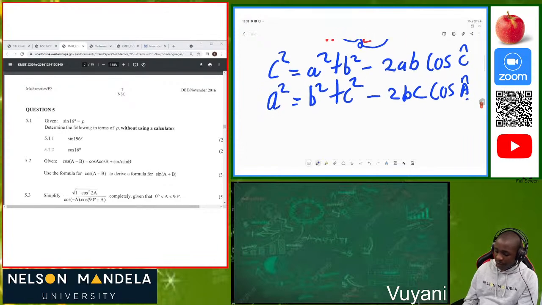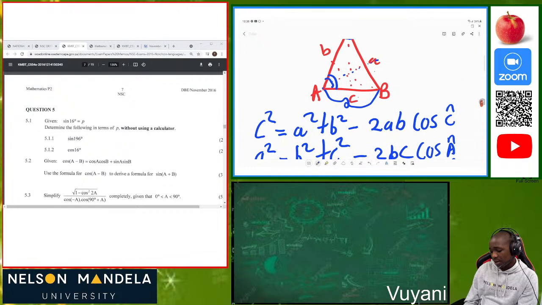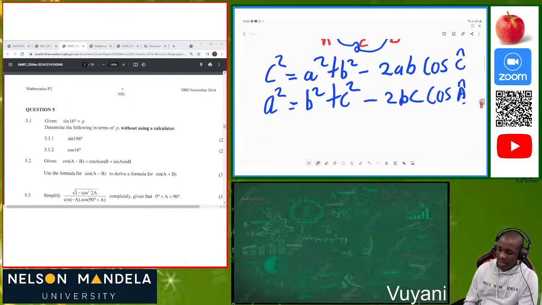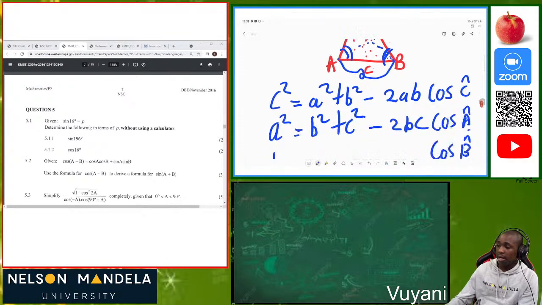Then we go to the last one, which is our b. This b is in conjunction with big capital letter B. So when we are calculating the side AC, which is b, we must have cos of angle B. Angle B is supported by two sides, a and c.